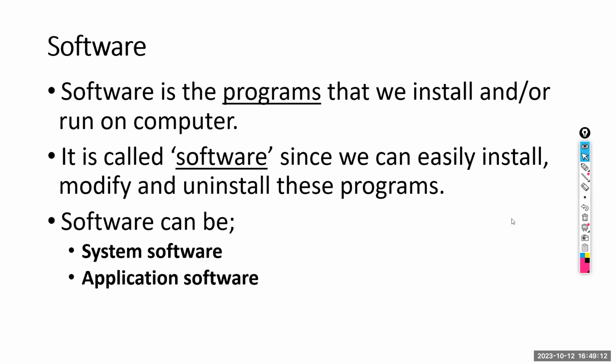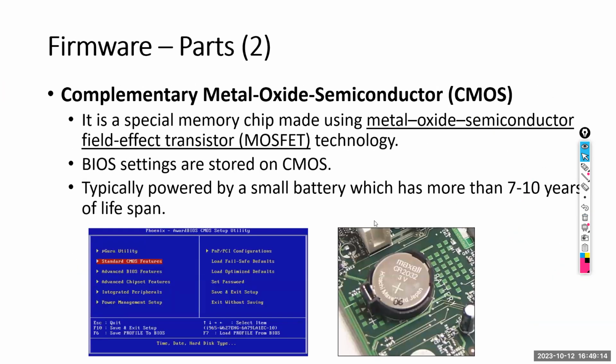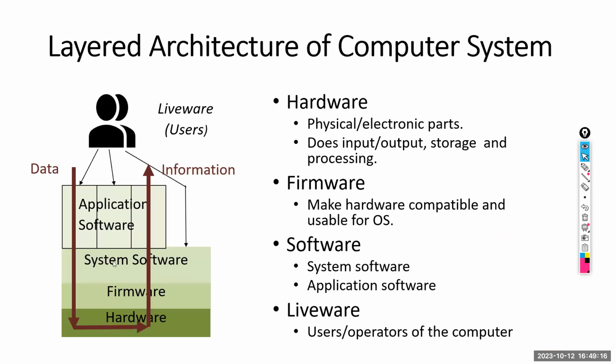Remember, in the layered architecture, we draw system software just above the firmware. Then on top of system software, we draw the application software. That means system software is lower level, application software is higher level. Application software is closer to the user. System software is closer to the hardware, or sits in between application software and firmware.